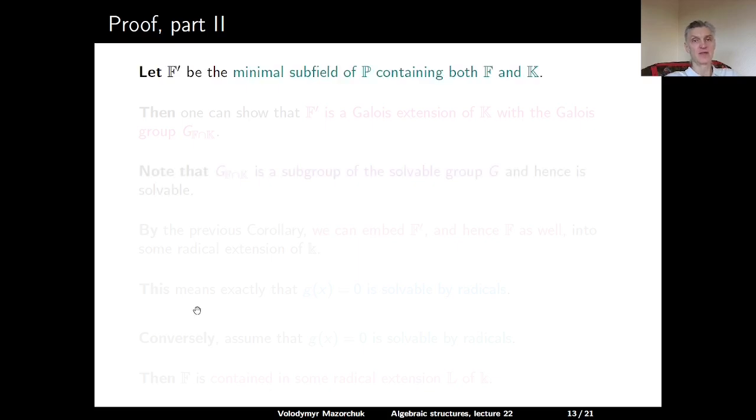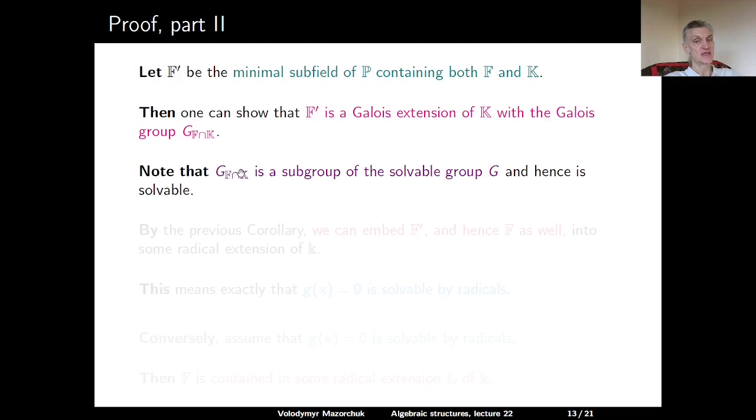Let F' be the minimal subfield of P which contains both capital F and capital K. Then it is easy to show that F' is a Galois extension of capital K, and the Galois group of this extension is the subgroup of G which fixes the intersection of F and capital K. So this subgroup is a subgroup of a solvable group G, and hence it is solvable.